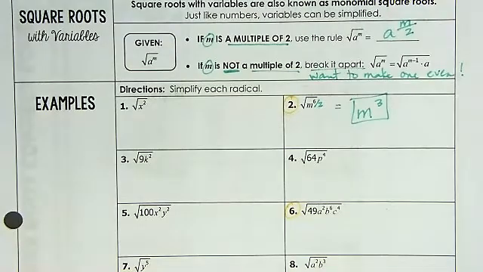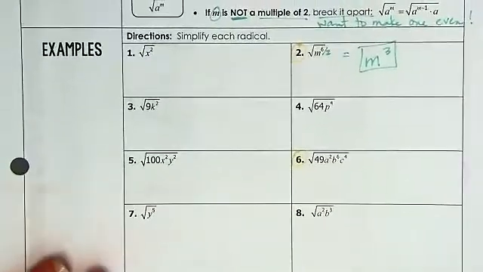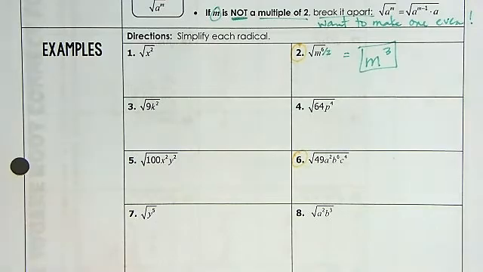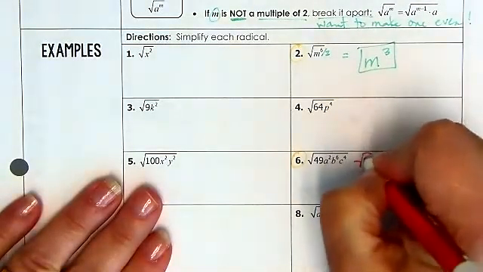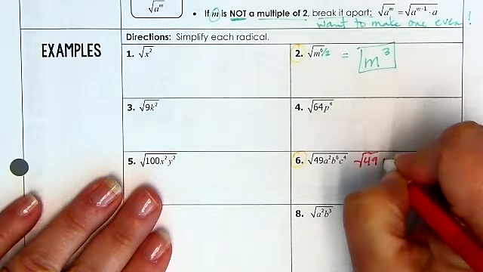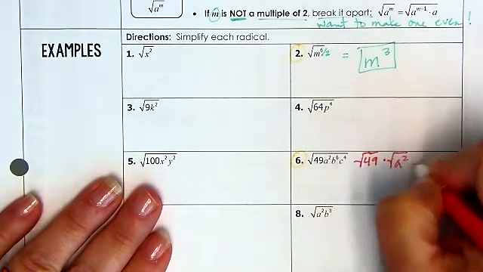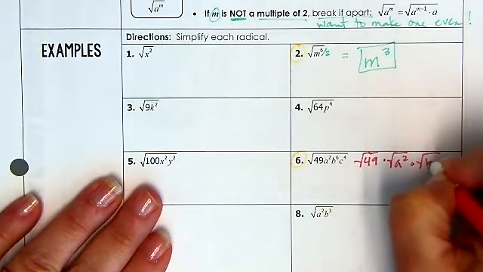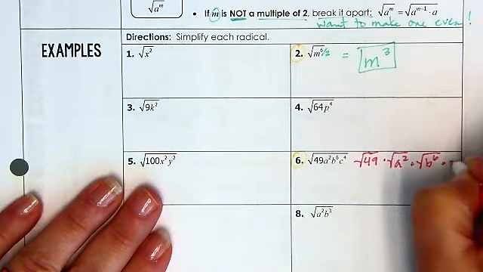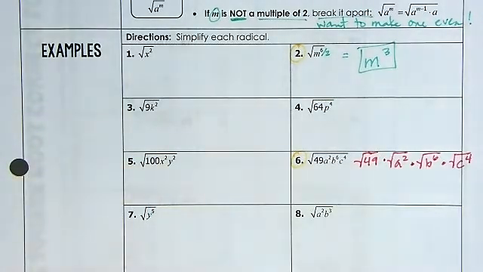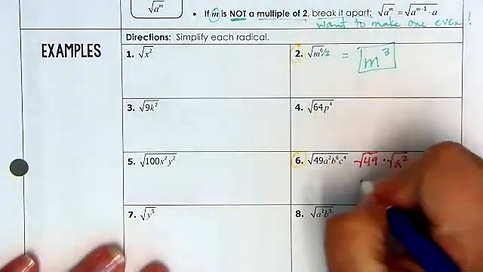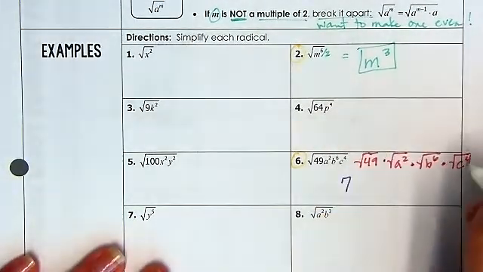Next example. We're going down a little bit further. I'm going to think about this as separate things. So I'm going to have the square root of 49 times the square root of a squared times the square root of b to the 6th times the square root of c to the 4th. Now the square root of 49 is 7.